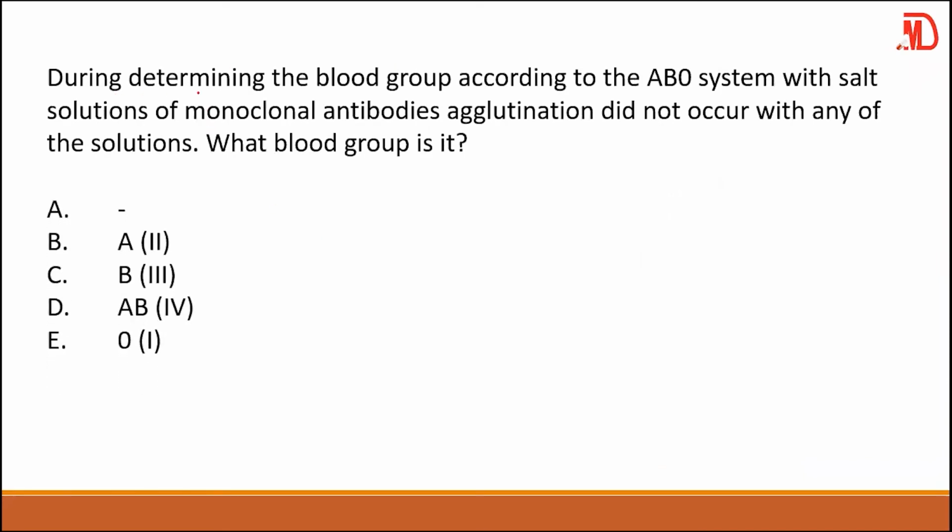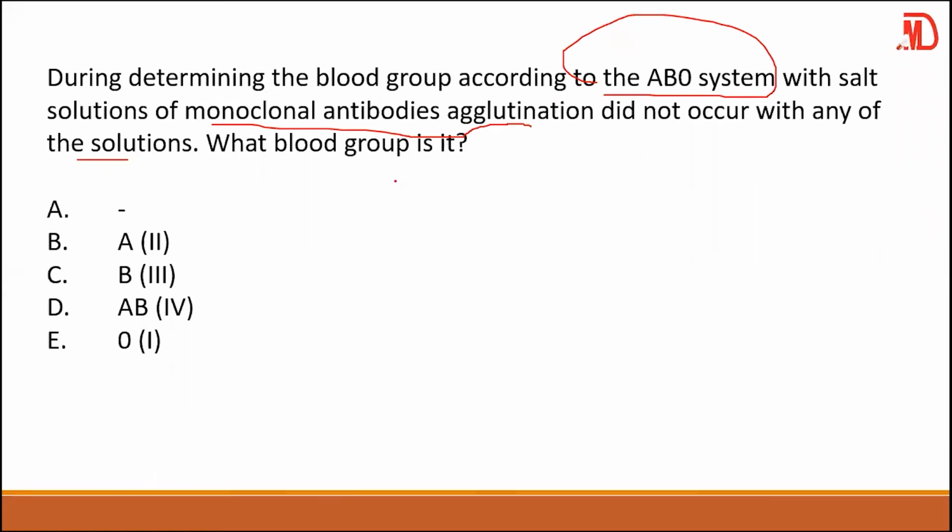Determine the blood group according to the ABO system with monoclonal antibodies. Agglutination did not occur with any of the solutions. What blood group is it? Guys, look at it.